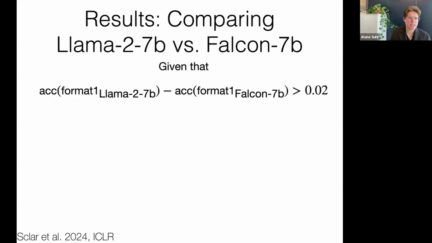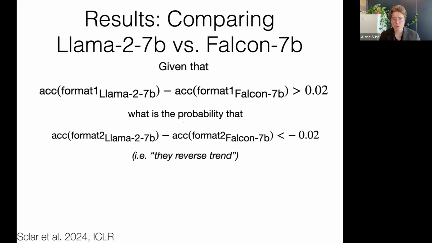So one issue here is that we might make conclusions about the relative performance of different models given a particular prompt. So let's say that we know that given one format that we chose, Llama 2 7 billion is better than Falcon 7 billion by 2 percentage points.